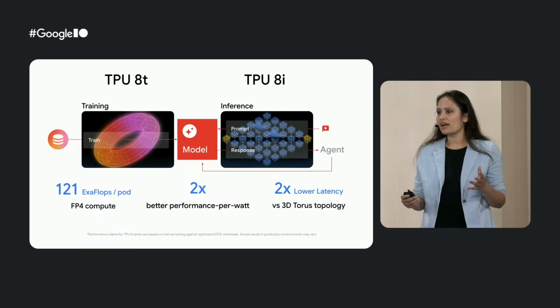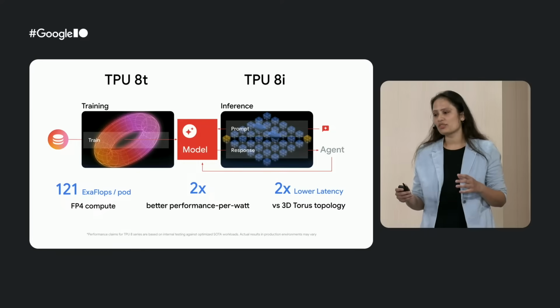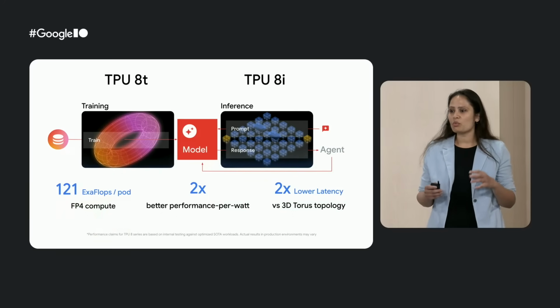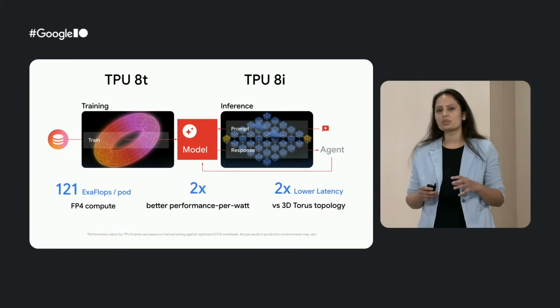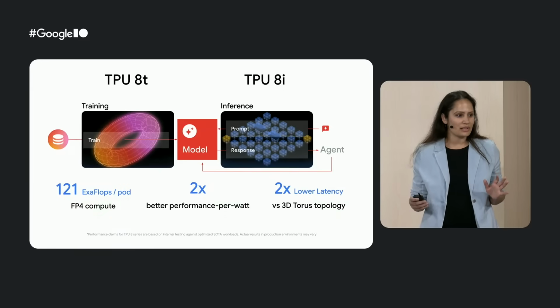So the focus here are things like maximizing your throughput and scaling efficiency. And TPU 8i is great for inference workloads. So the focus are things like low latency and cost efficiency. So we are moving away from one general-purpose system into hardware that is specialized for the needs of different types of workloads. But hardware is just one part of the puzzle.